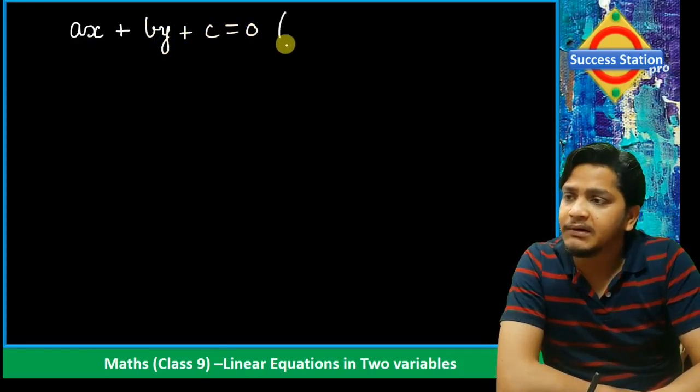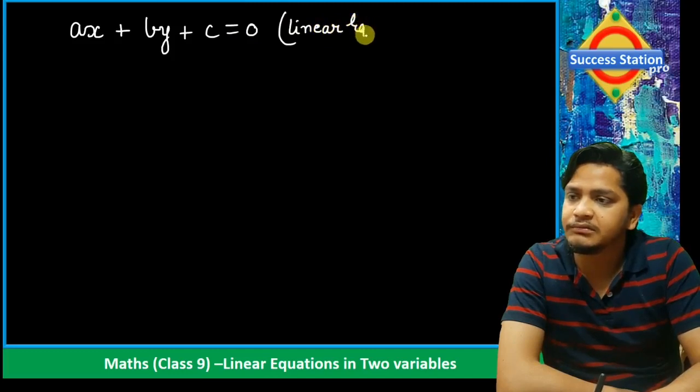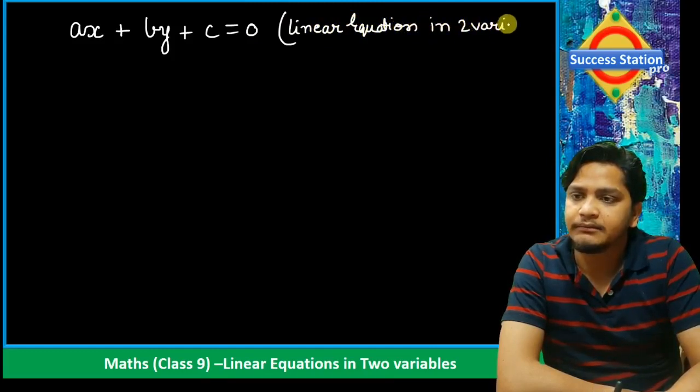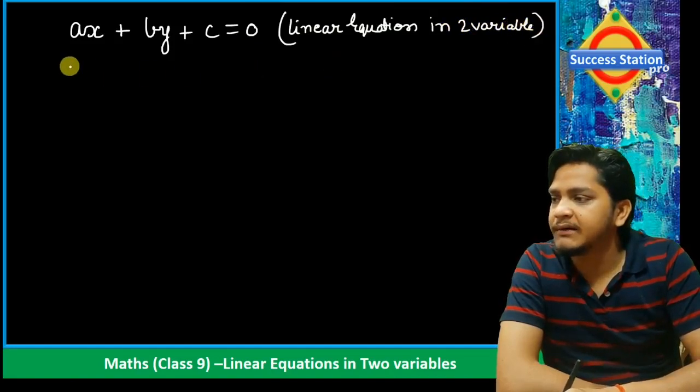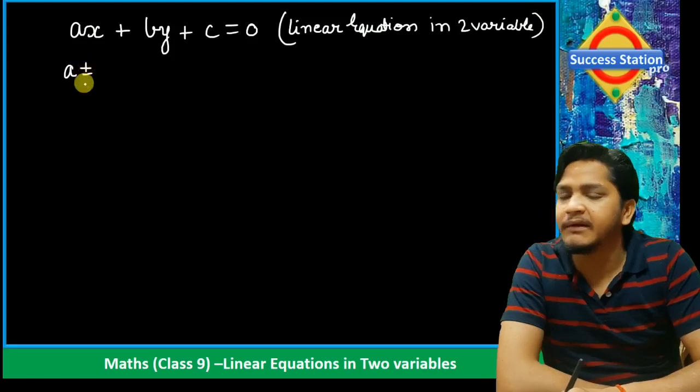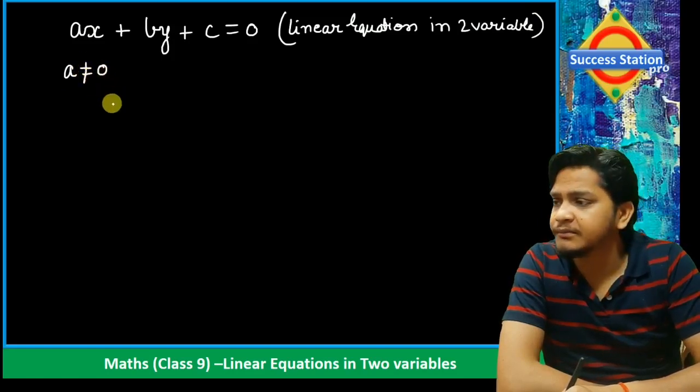Of a linear equation in two variables, you can't say that a is equal to 0. A can't be equal to 0. Also, b can't be equal to 0.